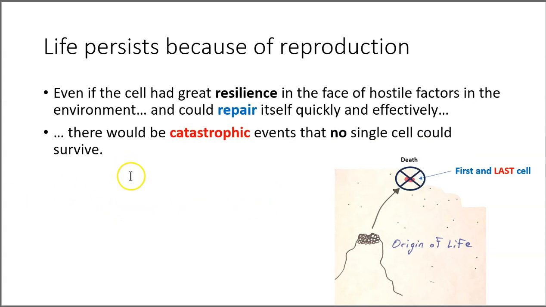Even if the cell had great resilience in the face of hostile factors in the environment and could repair itself quickly and effectively, there would be catastrophic events that no single cell could survive. So our little cell might have been the first cell, but it would be the last as it encountered some unfortunate event.